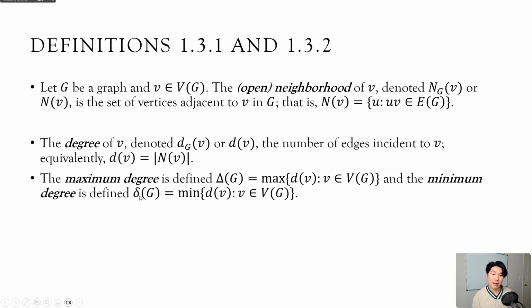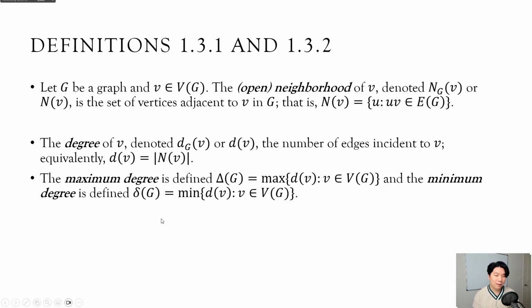Here we use a lowercase delta of G to denote the minimum degree, that is the smallest degree in my graph. So we have the neighborhood, the degree, the maximum degree with a capital delta of G, and the minimum degree denoted with a lowercase delta of G. So we have some nice definitions.